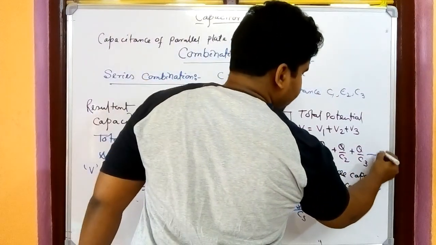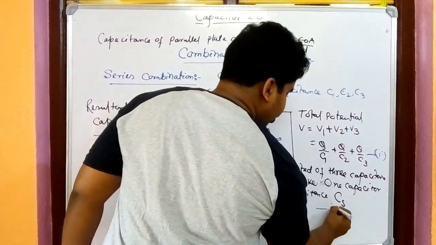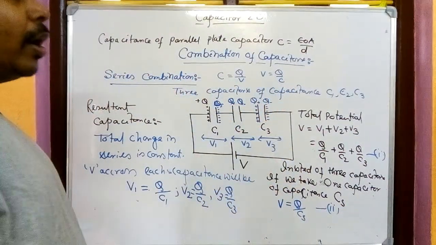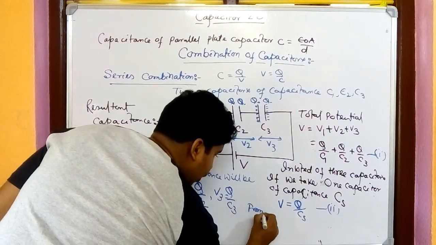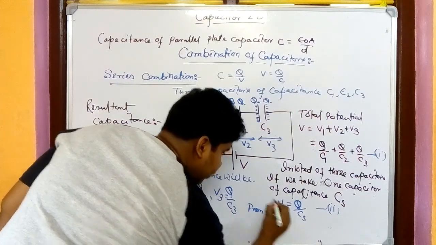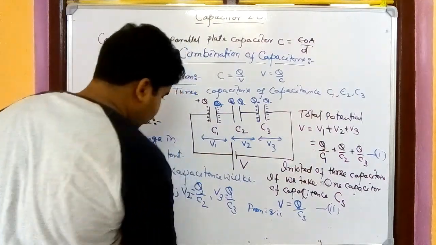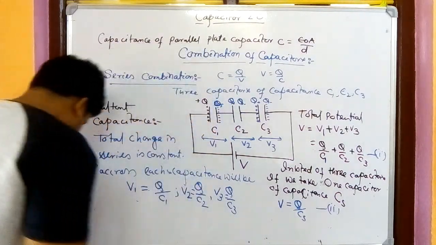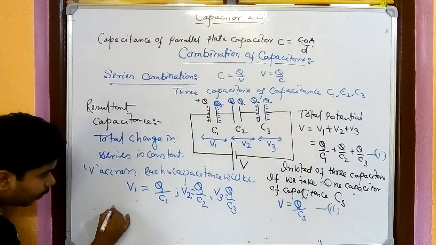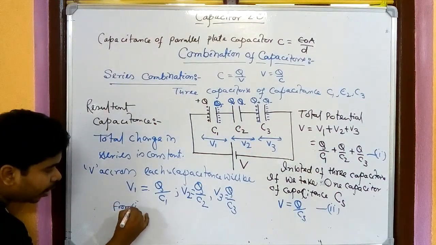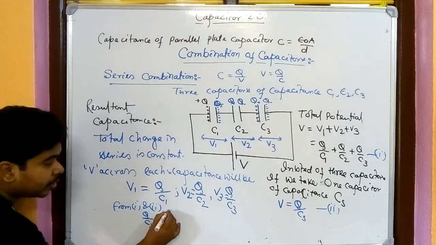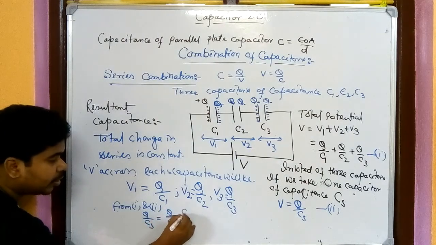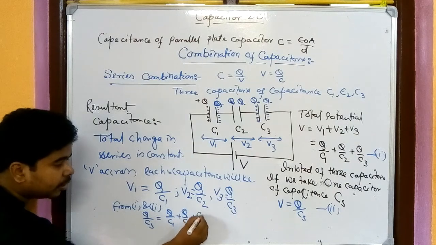We can say if this is equation 1 and this is equation 2, we can make these two equal. So from 1 and 2, Q by CS is equal to Q by C1 plus Q by C2 plus Q by C3.